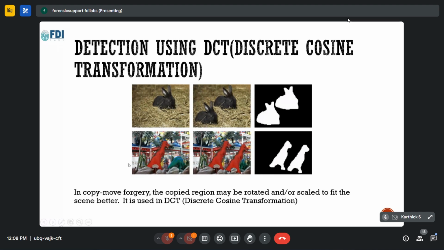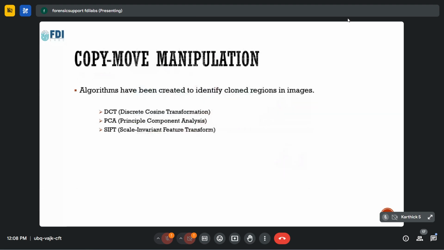In the second picture, we can also see that a cloning technique has been used: the original image is edited and moved onto the second picture, and we can sort out these types of forgeries using the DCT method. Using this tool, we can sort out how the cloning happened and how the altered image differs from the original image.